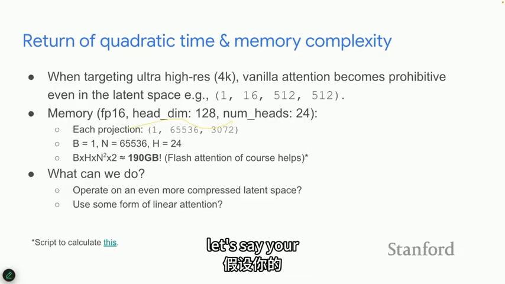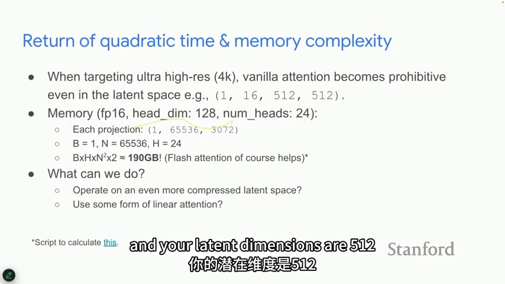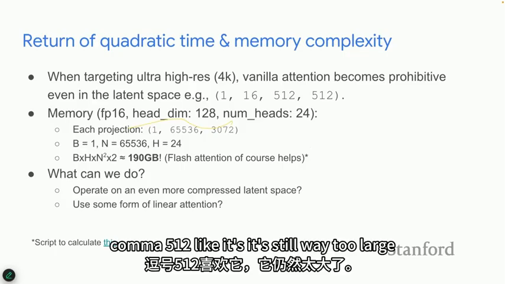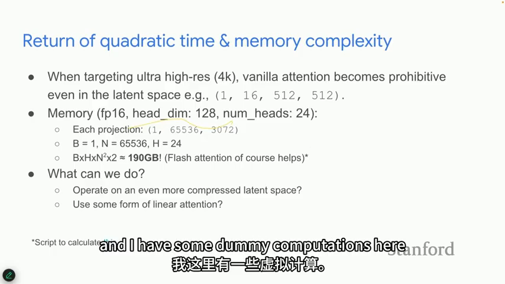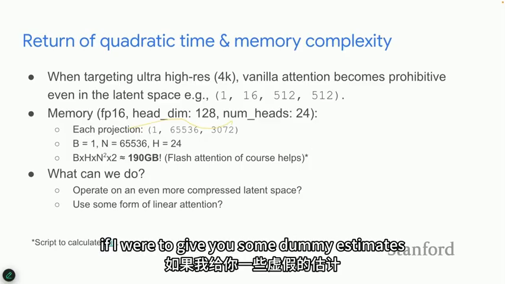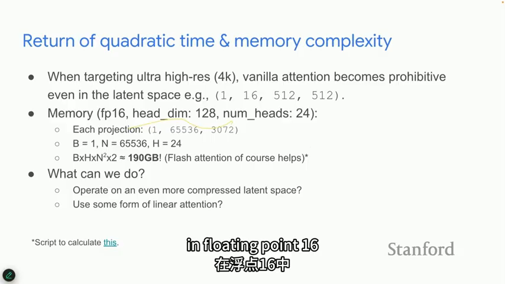Let's say your number of latent channels is 16, and your latent dimensions are 512 by 512. It's still way too large, way larger than what we are used to seeing in the VLM space, right? And I have some dummy computations here. This is of course not using flash attention. If I were to give you some dummy estimates, it would be like 190 GBs in floating point 16.